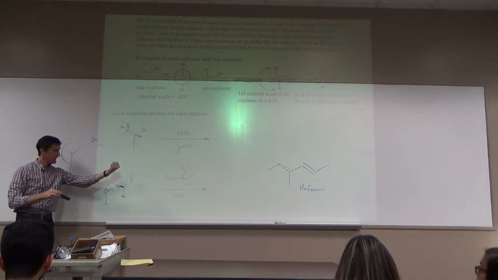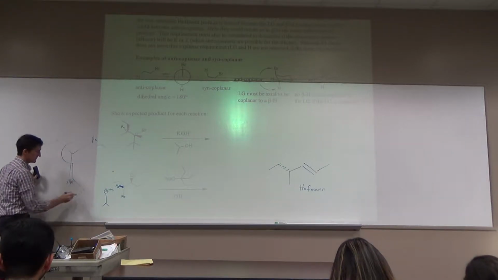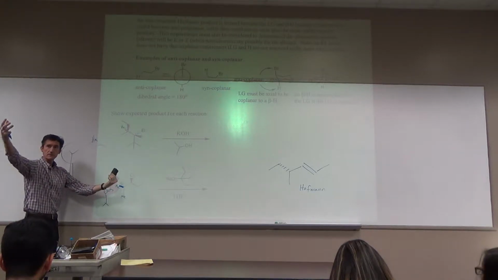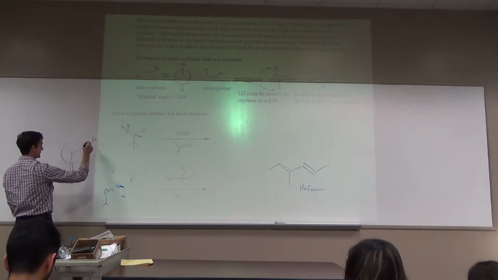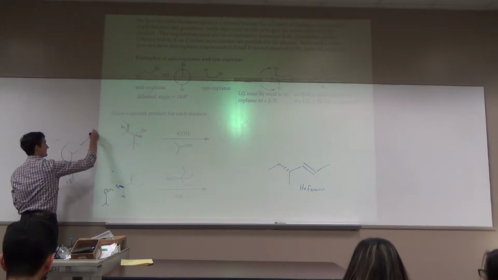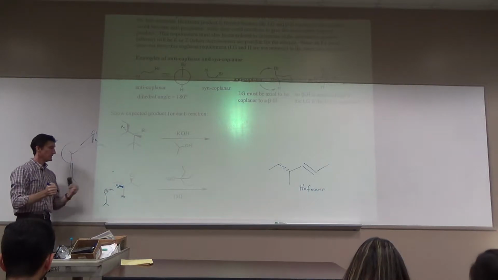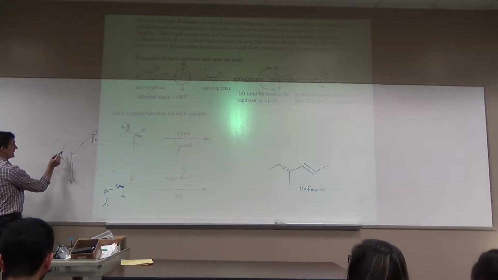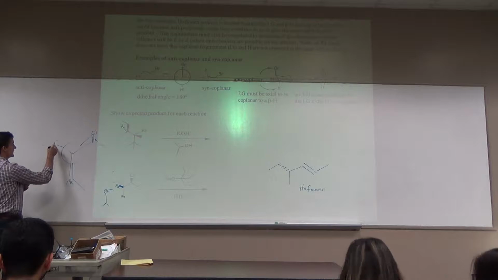Back carbon, I got an alpha going straight down. It's eclipsed with this. Second carbon, I got a chlorine coming towards you guys, to the right. It's actually eclipsed with that. And then on the second carbon, I got an undrawn H going to the left. I can draw that in. Going to the left, it's actually eclipsed with this. I'm going to draw it to the bottom of it.